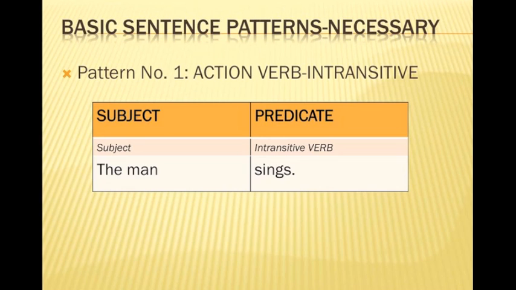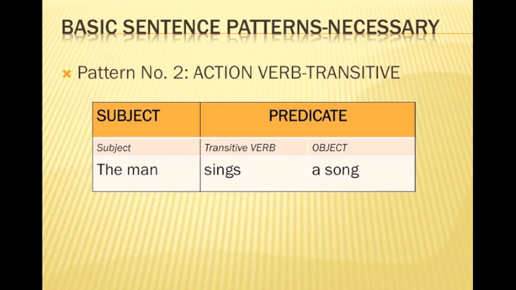So our first pattern we're going to look at is, again, the simple action verb that's an intransitive pattern. Again, the only things that we absolutely need in this subject and predicate relationship is a subject and an intransitive verb. In our second pattern, in which the predicate includes a transitive verb, remember we always need to have an object.